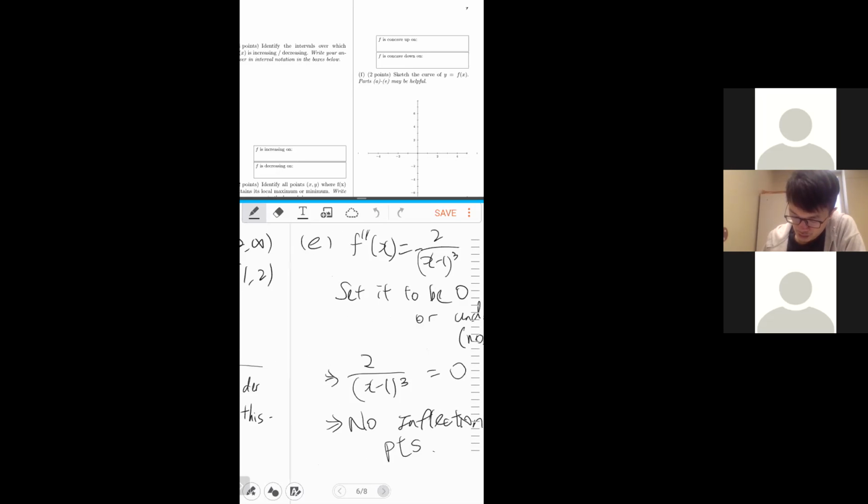So x equals 1 is here. This would be my vertical asymptote. And then y equals x plus 1 is a diagonal line that looks like this. It passes through 1 and -1 here.